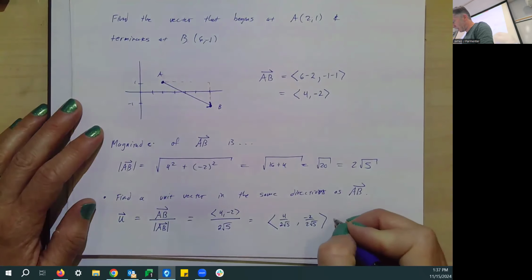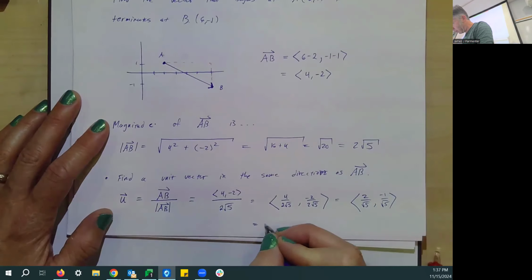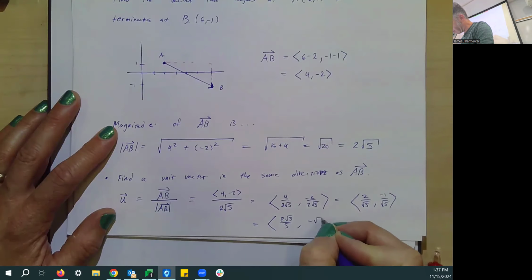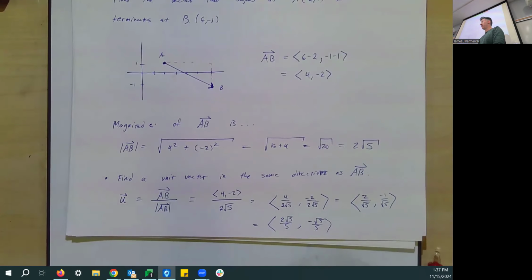You could simplify this as 2 over root 5, comma negative 1 over root 5. And if you really wanted to, you could write it as 2 root 5 over 5, comma negative root 5 over 5. They're all the same. Any one of those answers is perfectly correct, but the point is that all of these answers have a magnitude of 1.